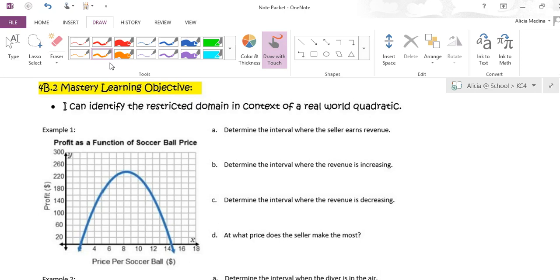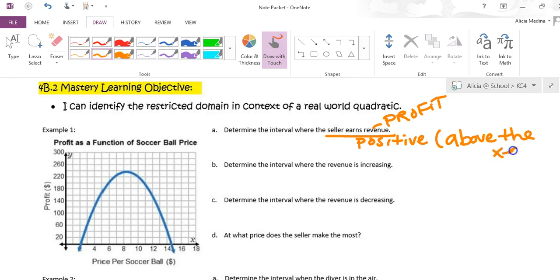So, looking at that first question, it says determine the interval where the seller earns revenue. Revenue is just meaning profit. And where they earn a profit is wherever our graph is positive, right? Remember, this means above the x-axis. So where is our function above the x-axis?